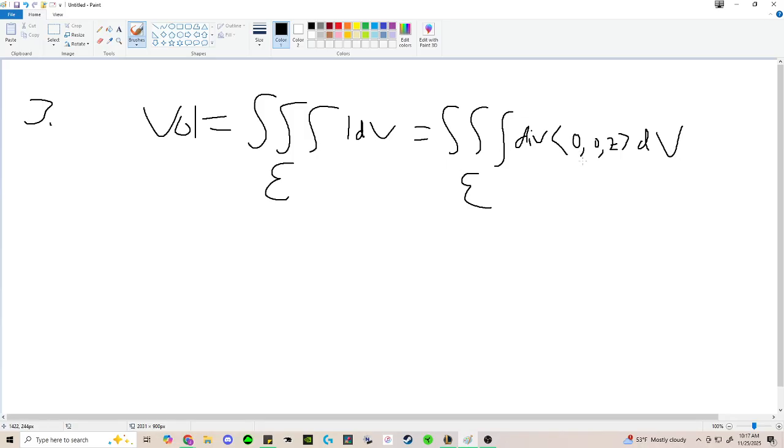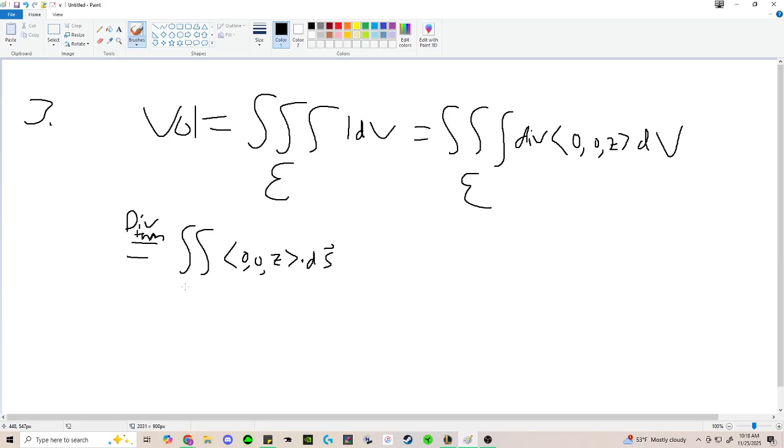Now by divergence theorem, this is going to be equal to the double integral of 0, 0, z dotted with dS over our surface.